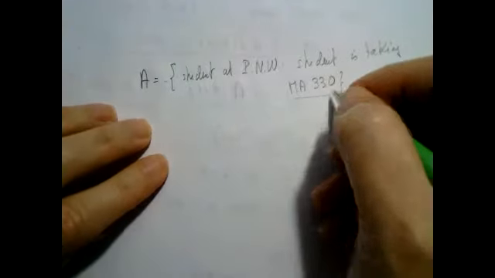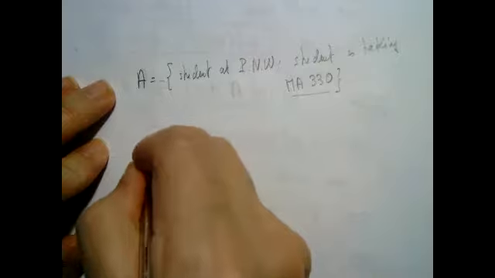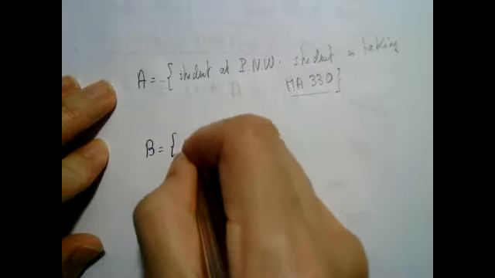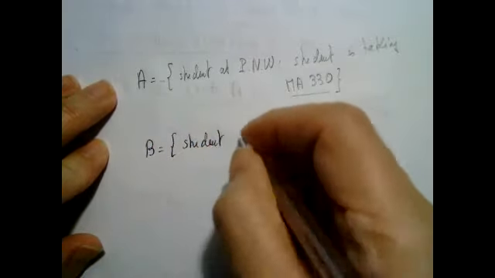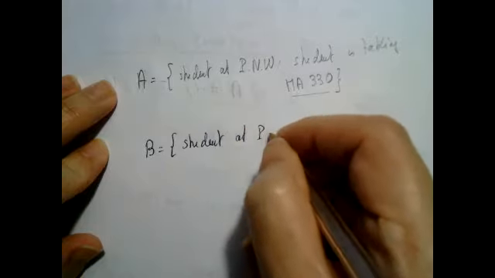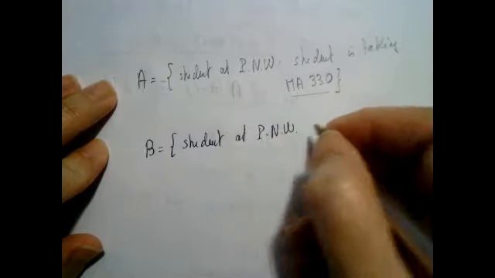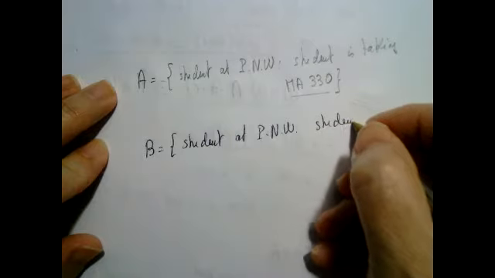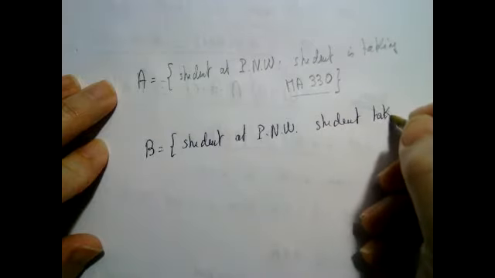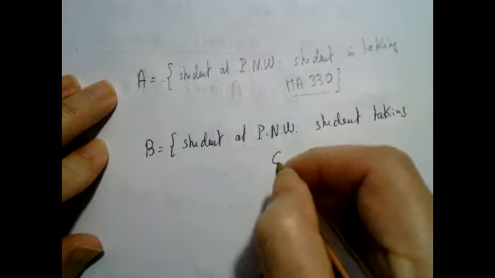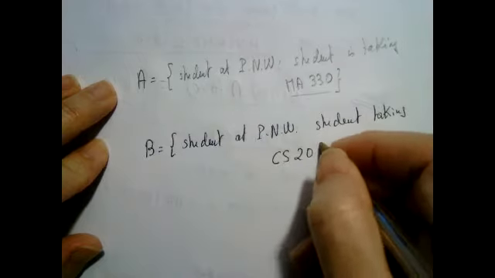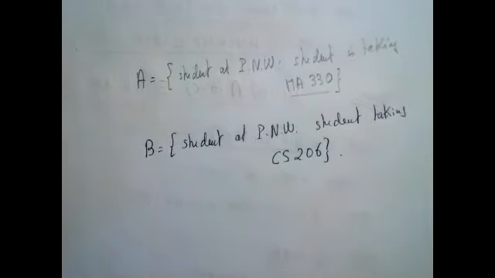Is the geometry class 330, guys? Yes. And B, all the students at PNW such that the student is taking, let us say, CS206. Okay, those are A and B.